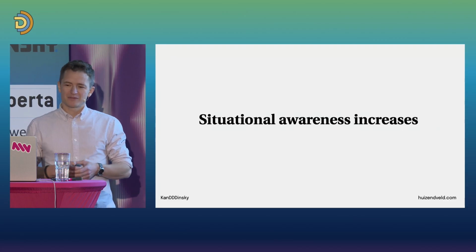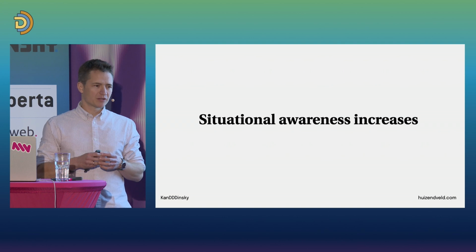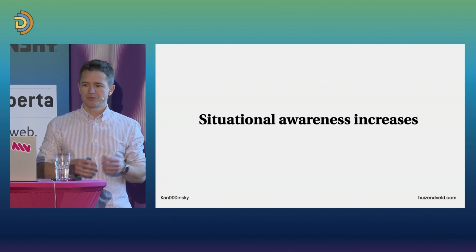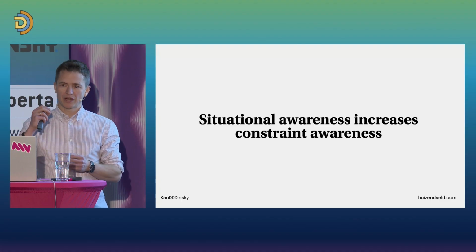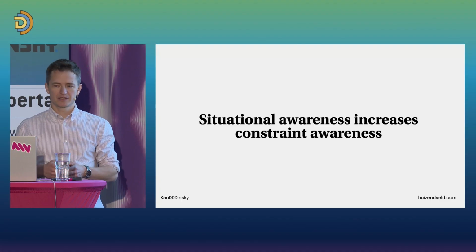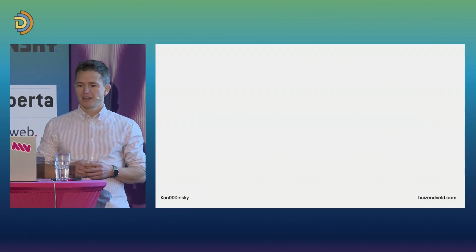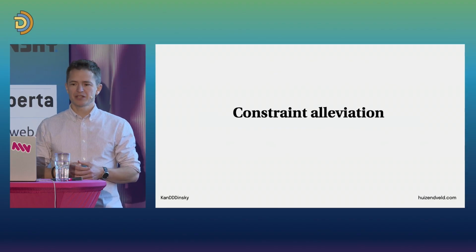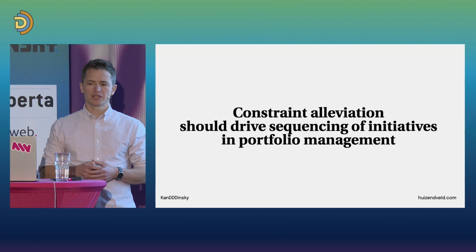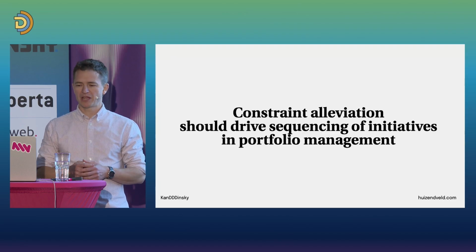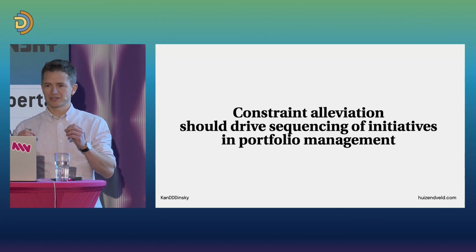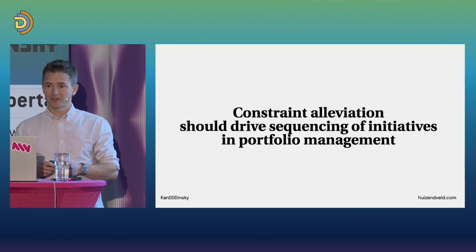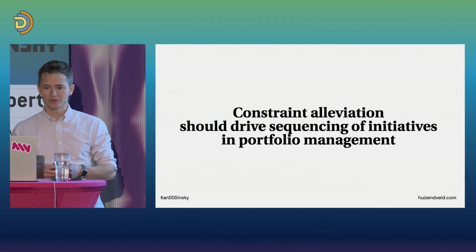And so situational awareness, right, understanding your landscape, increases your constraint awareness, right? It makes you aware of these limitations that exist and that limit you. And it should be constraint alleviation that should drive the sequencing of initiatives in portfolio management, okay? So we should look at the constraints that exist in our landscape that limit us to do what we want to do, right?